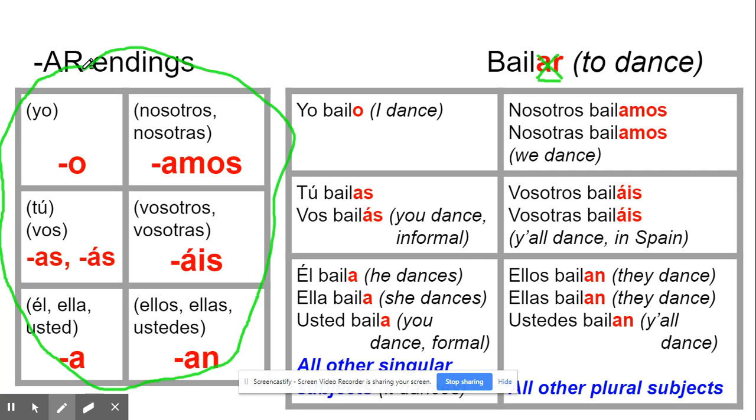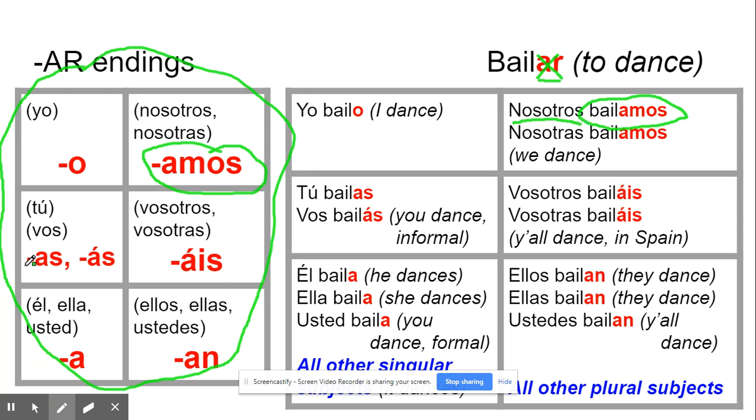So whichever ending we add determines who the subject of the sentence is. So, for example, if I put amos after bail, we have bailamos. And bailamos matches nosotros. So the word bailamos would mean we dance.